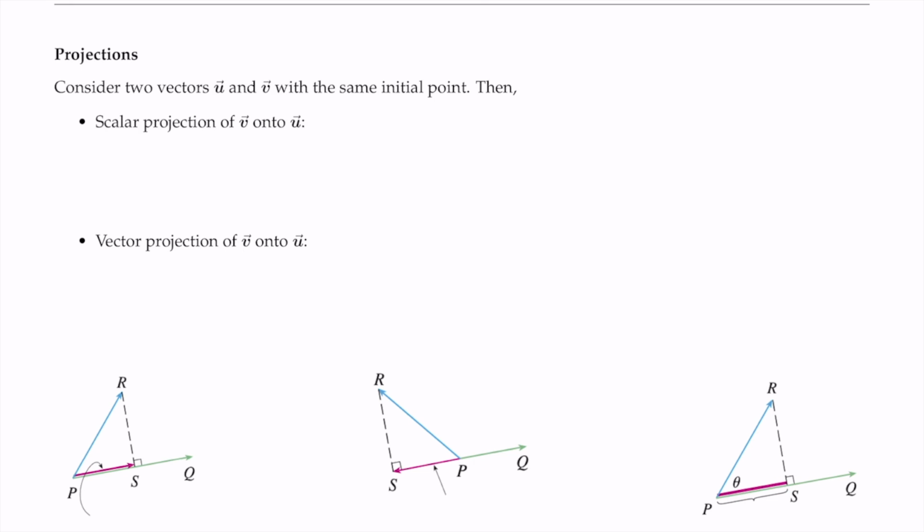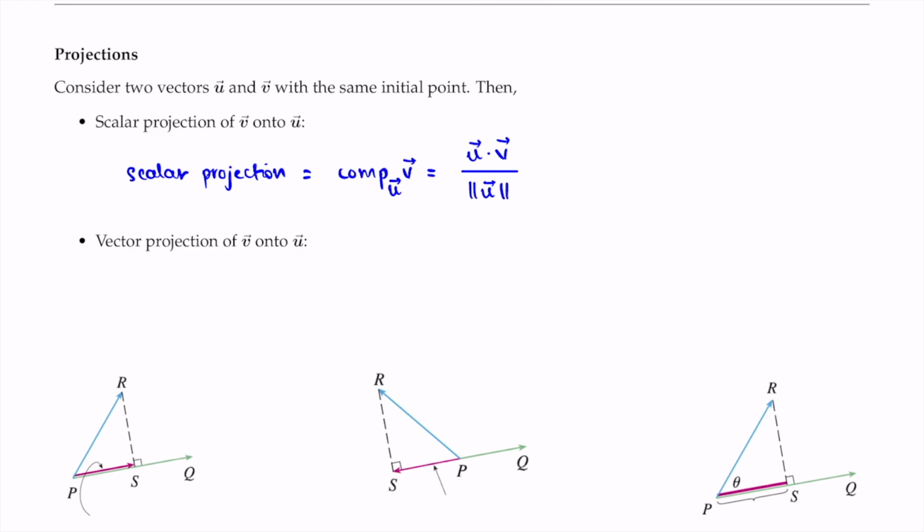Okay, so for the scalar projection of v onto u, this is denoted as comp, written as comp of v onto u, which is equal to the dot product u dot v divided by the magnitude of u.